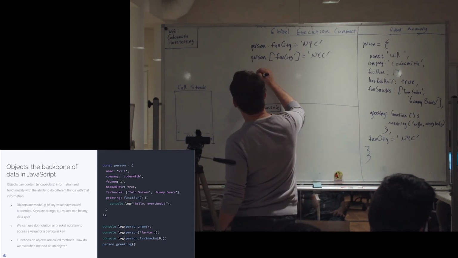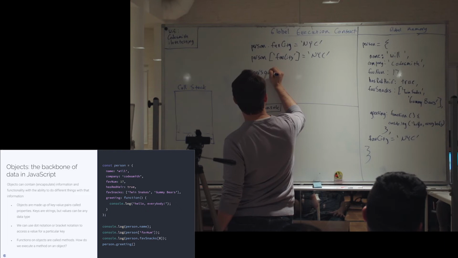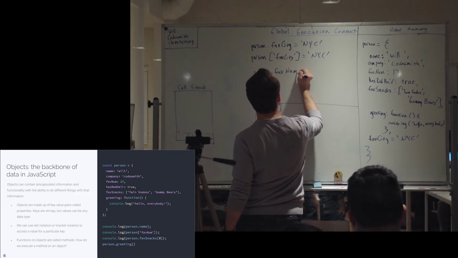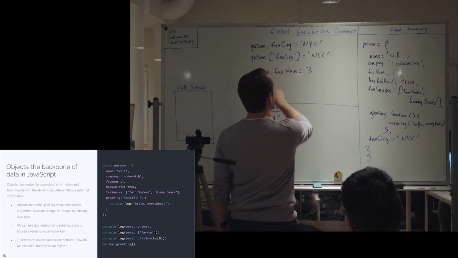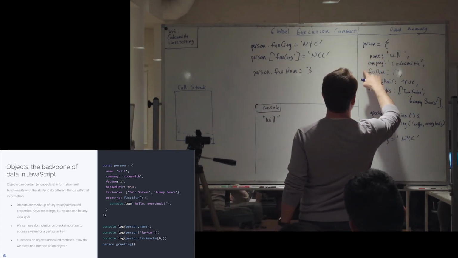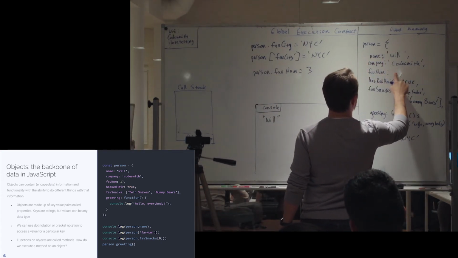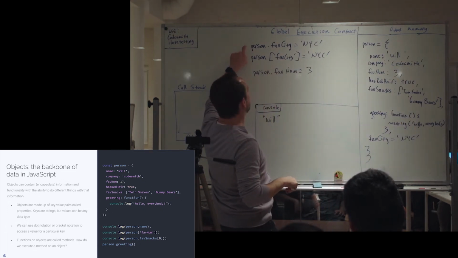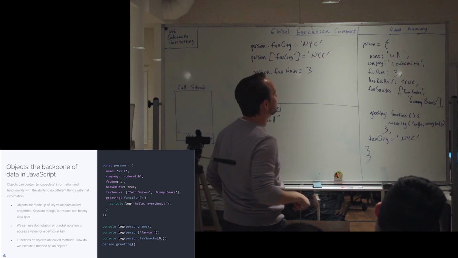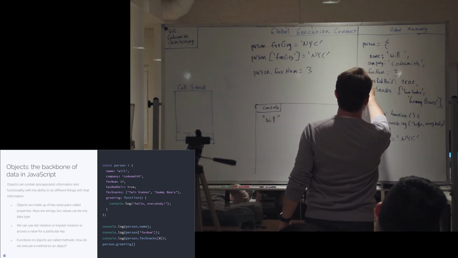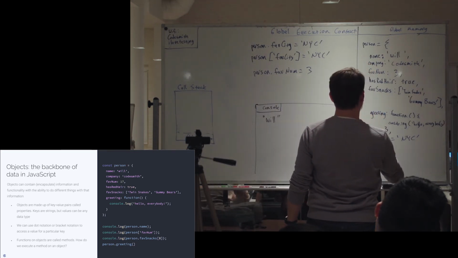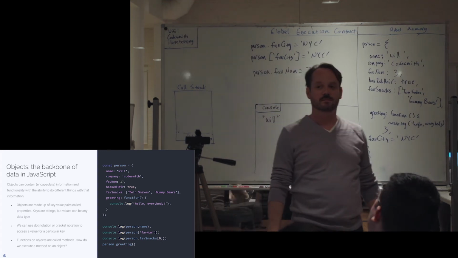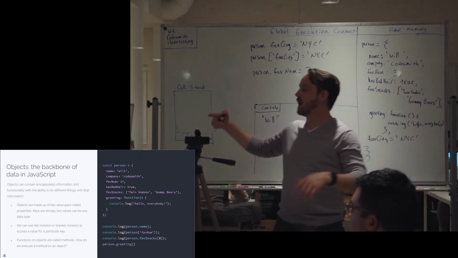So if I called person dot favenum equals 3, it's going to come over here, find favenum, and set it equal to 3. In these cases, with person.favecity equals NYC, it's going to come over here and be like, no, I don't have this, okay, I'm going to add it to the bottom. Favecity equals NYC. So this is kind of how objects work.